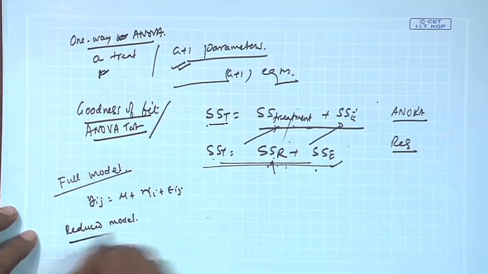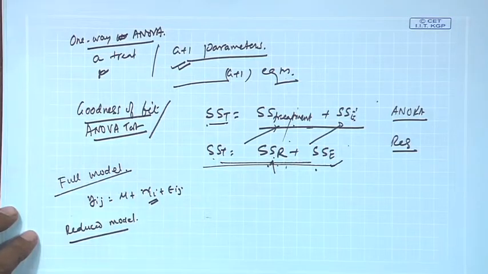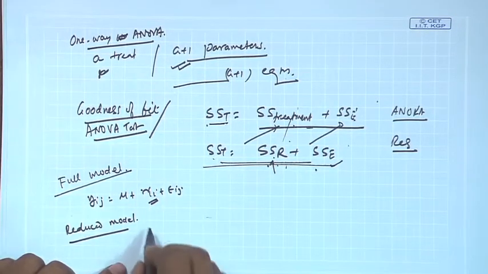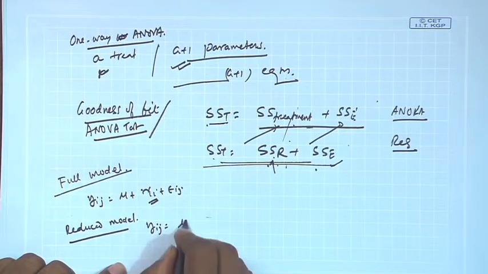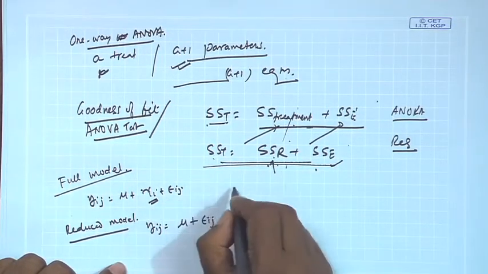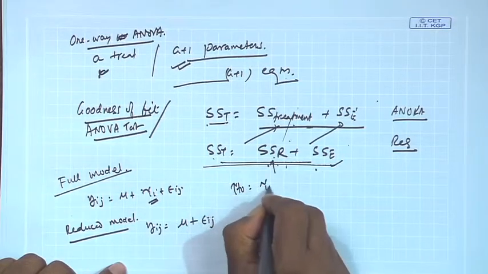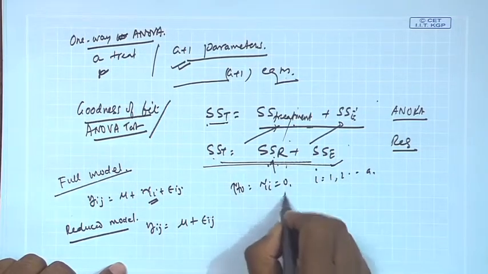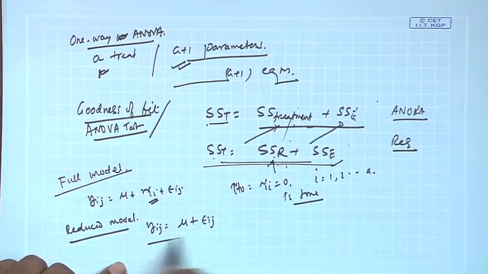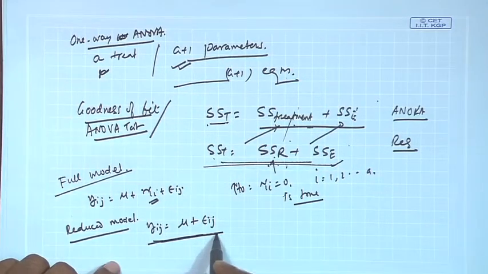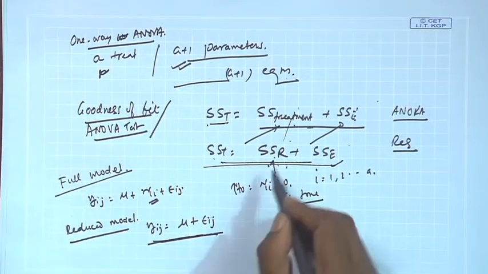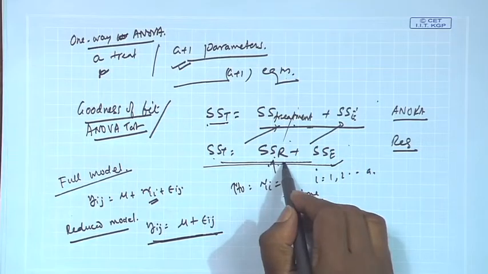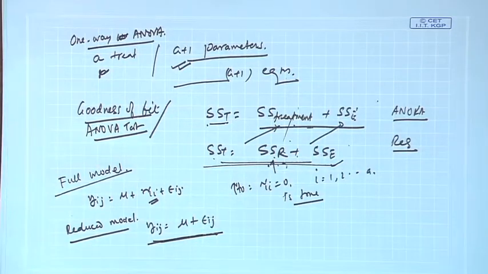Reduced model means suppose that this factor is not contributing in any way, then the model can be written as mu plus epsilon ij, when H0, that tau i equal to 0, i equal to 1 to a, is true. That means the treatments are not at all contributing to the response, or the independent variable in terms of regression is not contributing to the overall variability of y, the response variable.